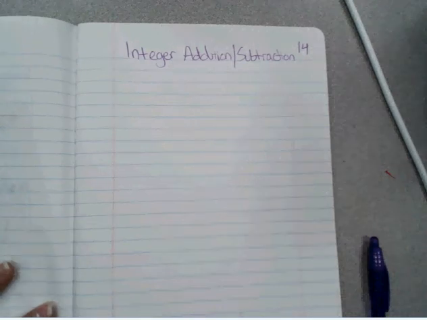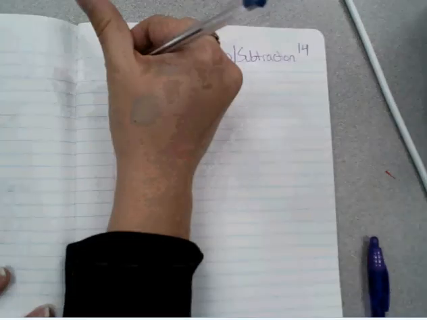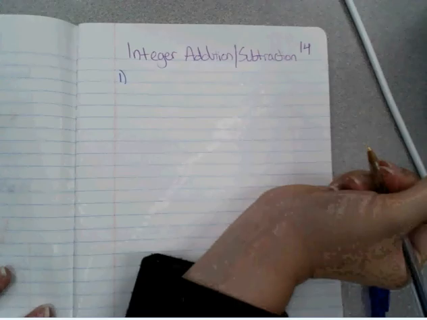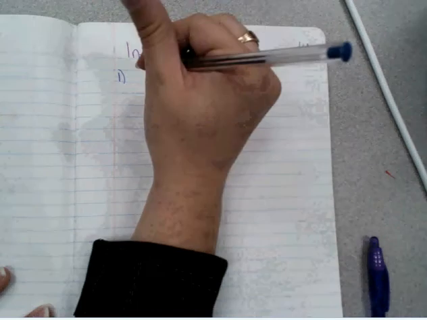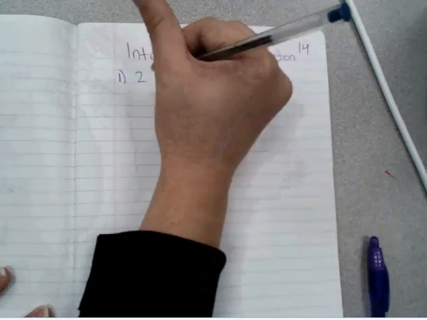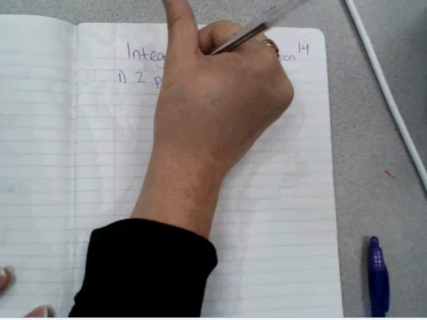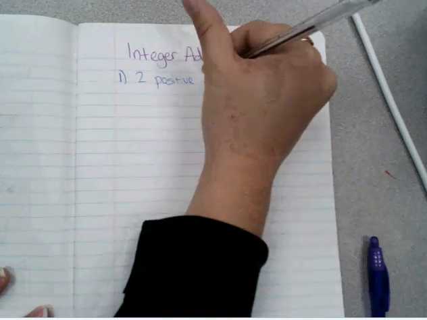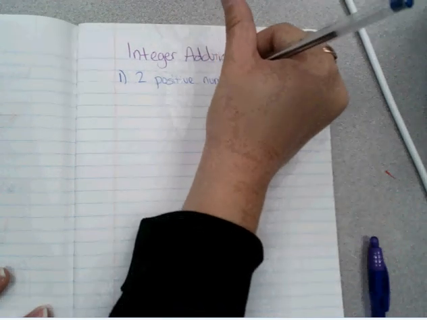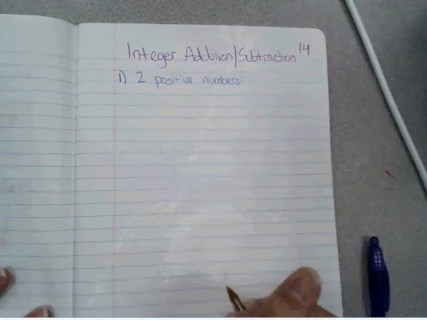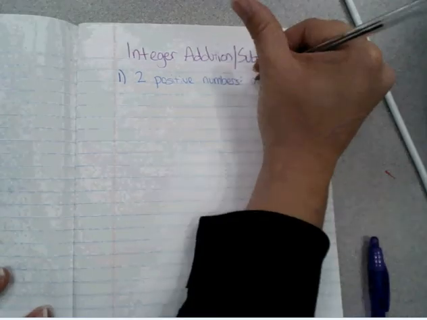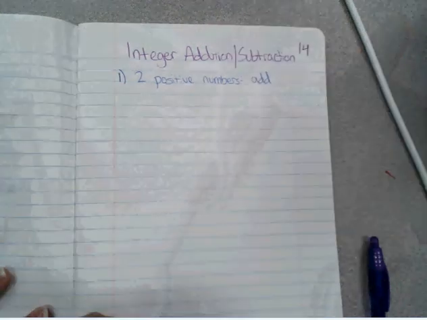So there's 3 things that can happen when we add or subtract integers. The first thing, the first case, is if we have 2 positive numbers. And if that happens, this is the easiest one, you just add normally.